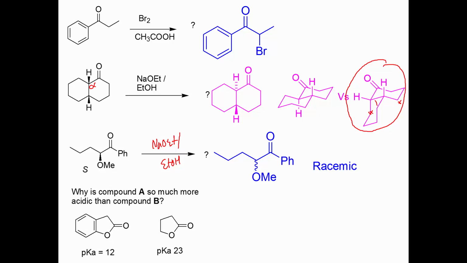Okay? All right, the final question is kind of a trivial question. Why is compound A so much more acidic than compound B? Actually, the pKa of the compound on the left is 12. All right, the reason for that has to do with a much older concept called aromaticity.